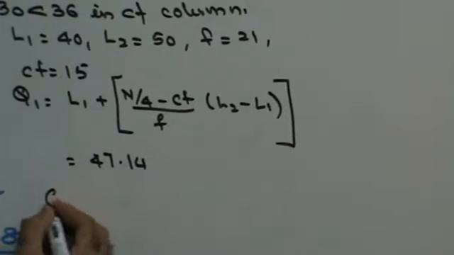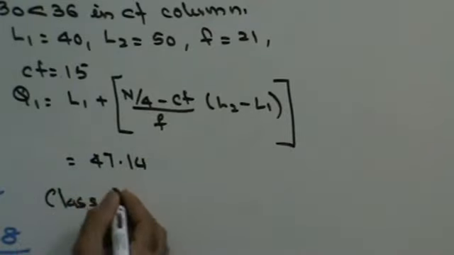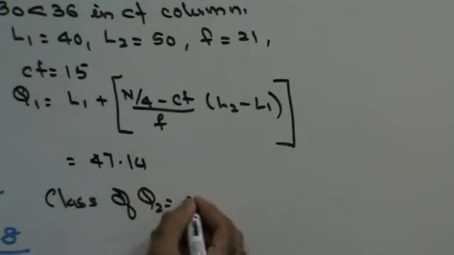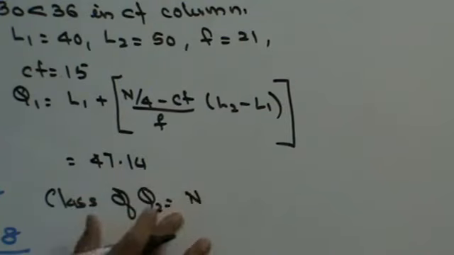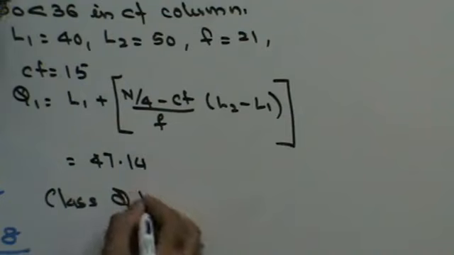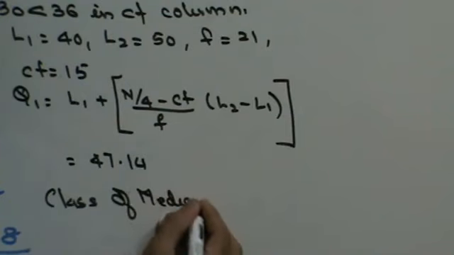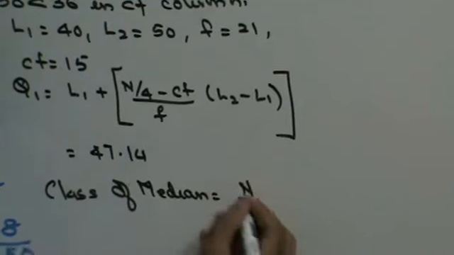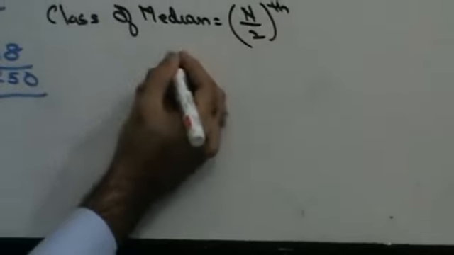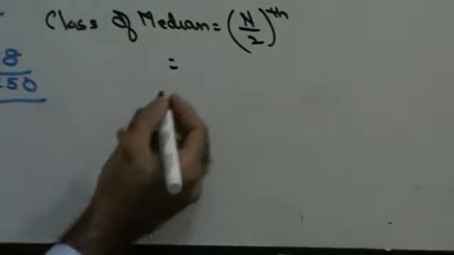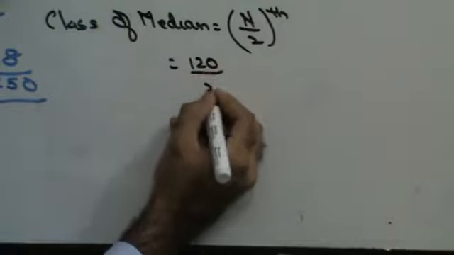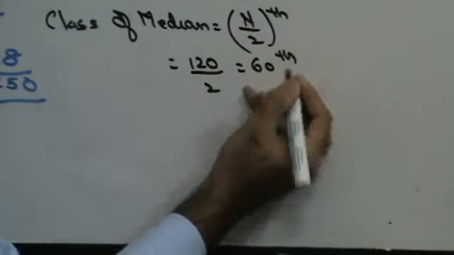Then Q2. Q2 can also be written as the median. The class of Q2 is the n by 2th term. N is 120, divided by 2, the 60th term.